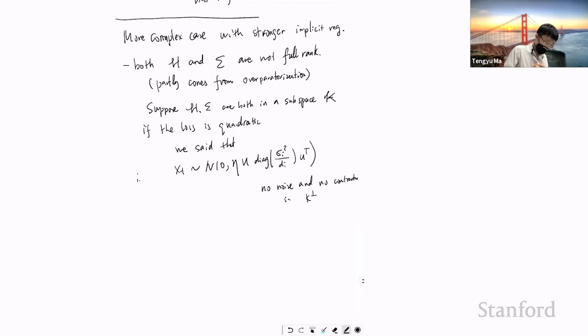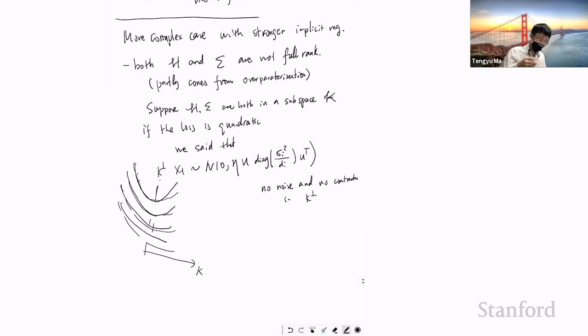So in some sense, the function looks like this. This is the direction of K, and this is the direction of K perp, and suppose your function is quadratic in the direction of K, something like this. I think my drawing is too bad. Imagine a valley, which is completely oblivious to the dimension of K perp.